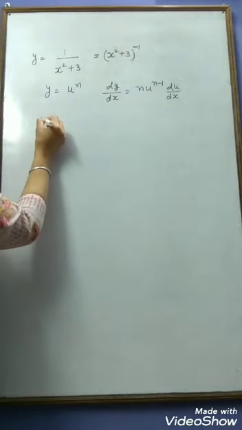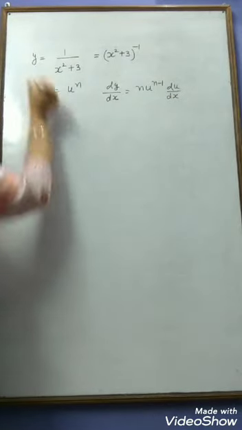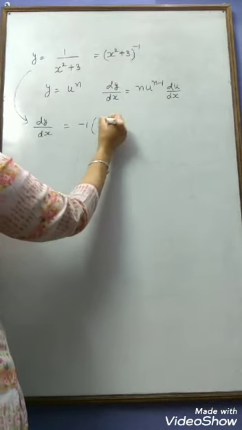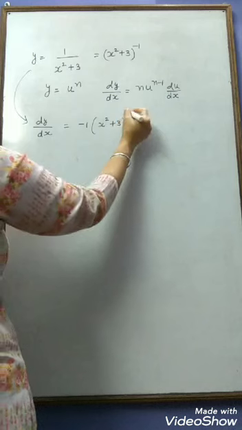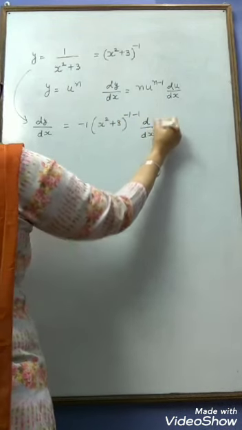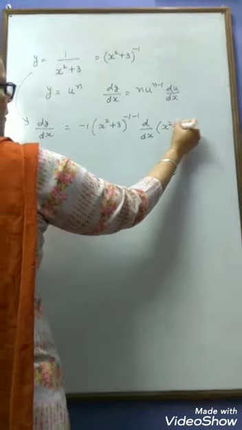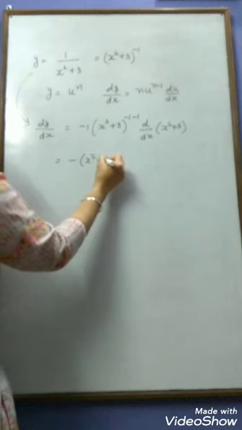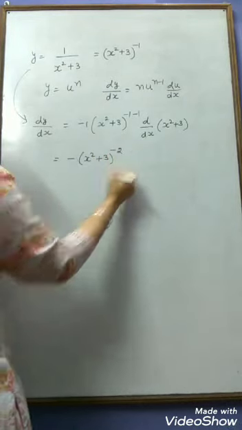So dy upon dx is -1 times (x²+3)^(-1-1) times the derivative of x² + 3. So minus (x²+3)^(-2).